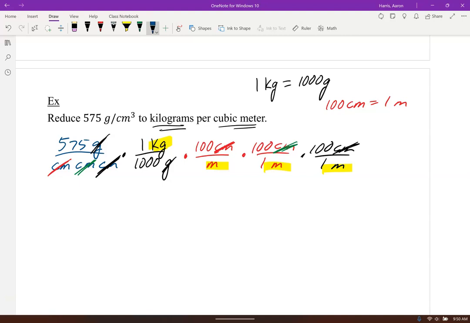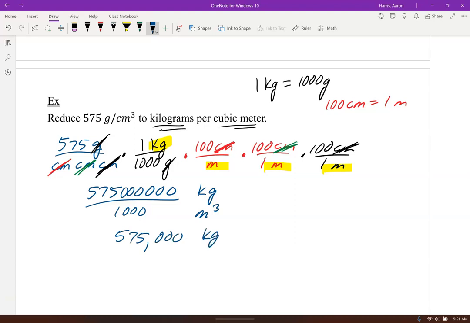So I'm going to multiply 575 times 100 times 100 times 100. And on the bottom, we got 1,000 times 1 times 1 times 1. So divided by 1,000. And I am in kilograms per cubic meter. And it looks like we get 575,000 kilograms per cubic meter.